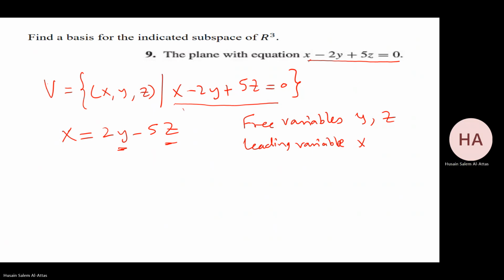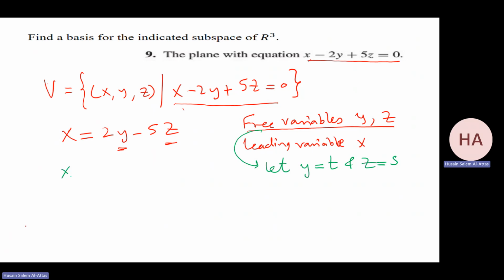Now I will use this free variables idea, like what we did before in 4.2. I have y and z. Using this, I will let y equal t and z equal s, for example. So x will be equal to 2t minus 5s. Now I come back to the vector.